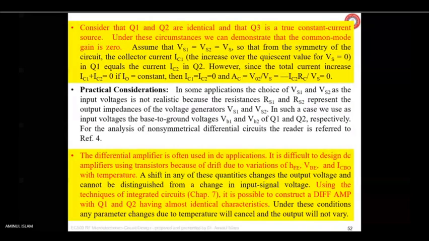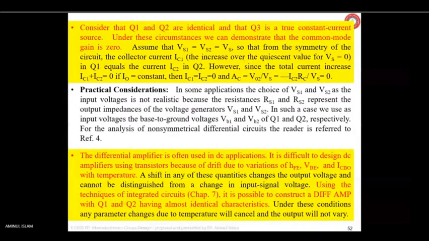We are assuming that Q3 is going to provide a constant current, that is I3, which is being drawn from the emitter coupled transistors Q1 and Q2. Under these circumstances, we can demonstrate that the common mode gain is 0 if these two are identical.